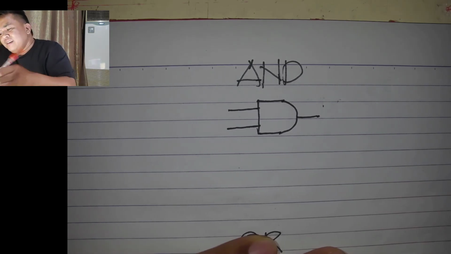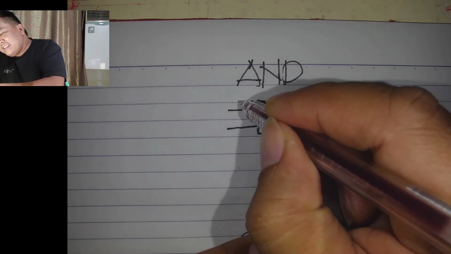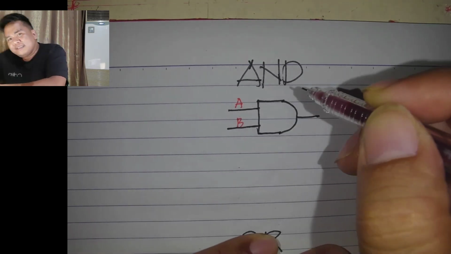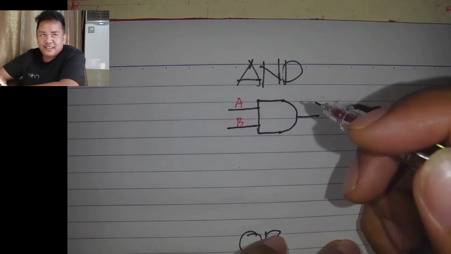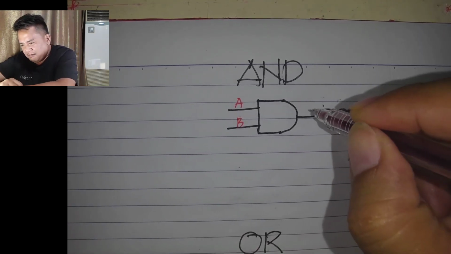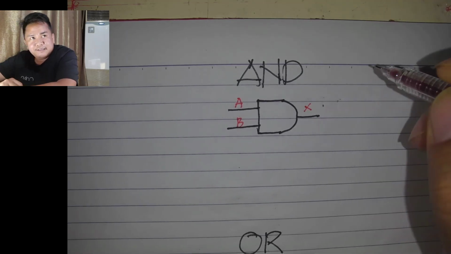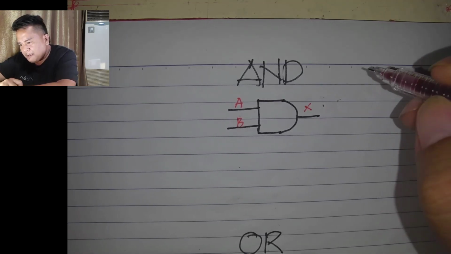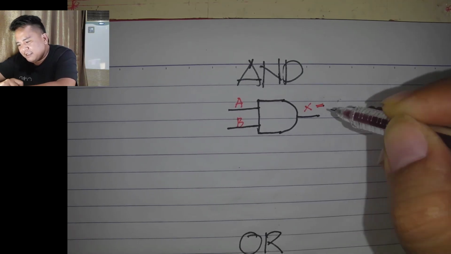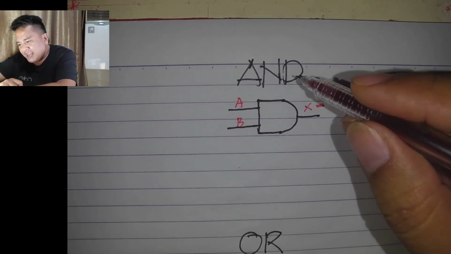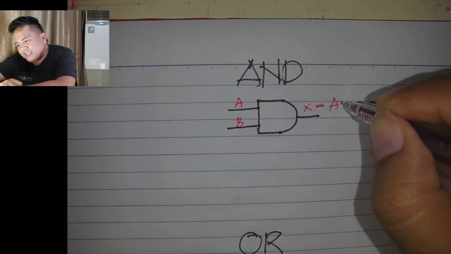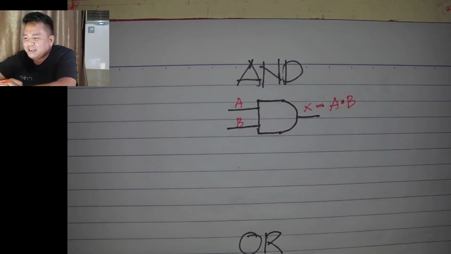So again, we're going to label, let's say, input A and another input B, and ito yung output X natin. So X equals, if si OR gate is addition, ito namang si AND gate is multiplication. So, A dot B. Okay?